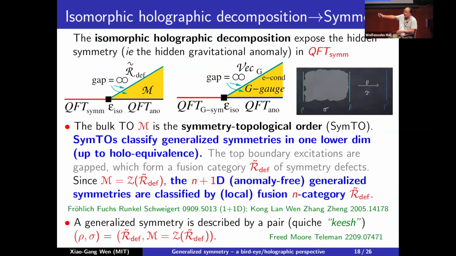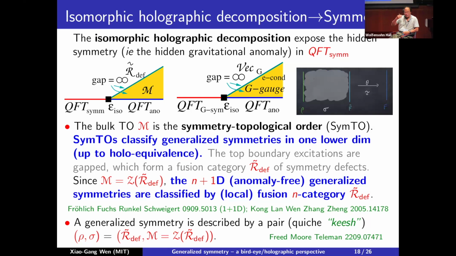So if you look at this picture, we try to discover a hidden gravitational anomaly inside an anomaly-free quantum field theory. We start with an anomaly-free quantum field theory, but there's a hidden anomaly. We can view this anomaly-free quantum field theory as an anomalous quantum field theory. They have the same local extension.